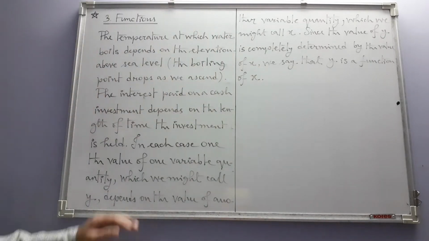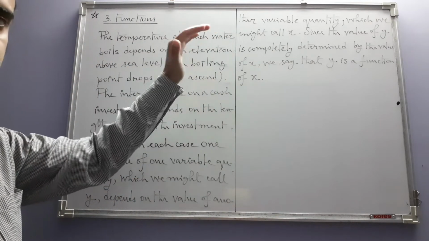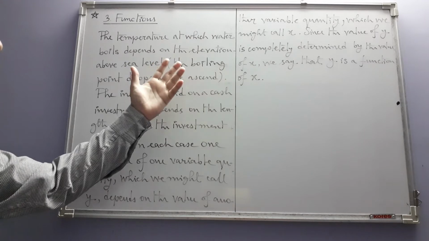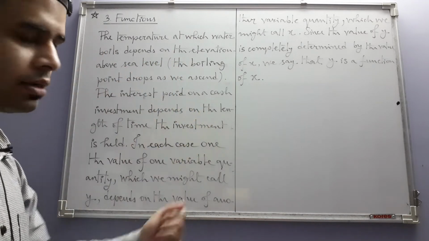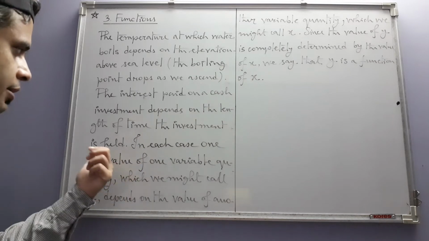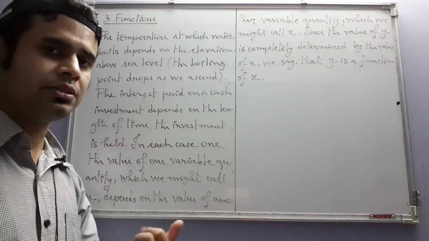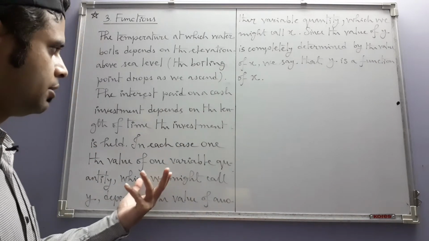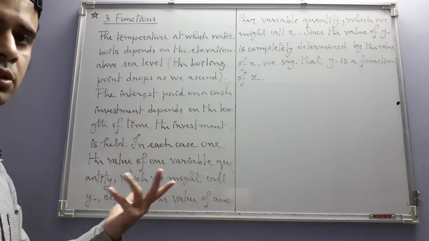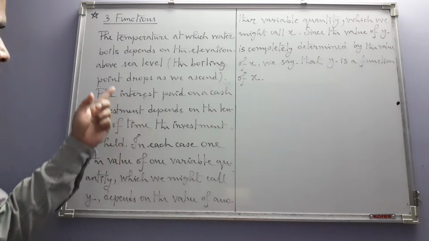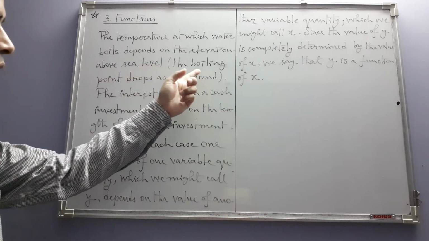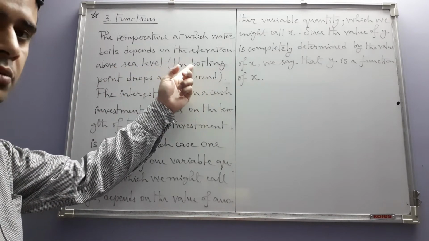For example, if we know the elevation above sea level, that tells us what the boiling point is. By some rule, there is some rule. Just like that, if we know the length of time for which an investment is held, we know exactly how much interest is going to be paid on that investment. So here x is elevation, y is boiling point.